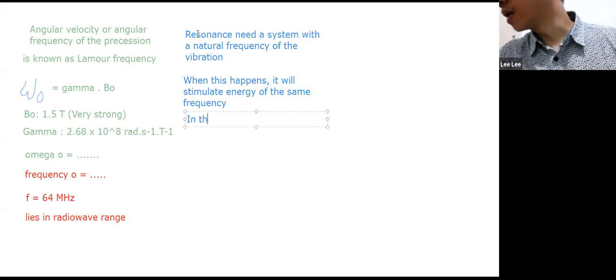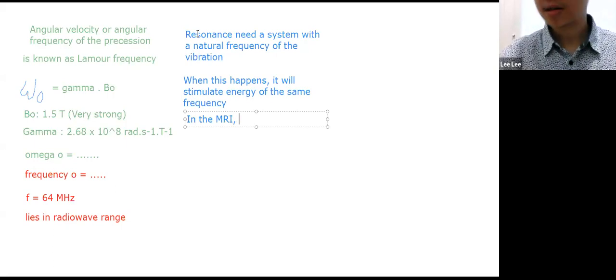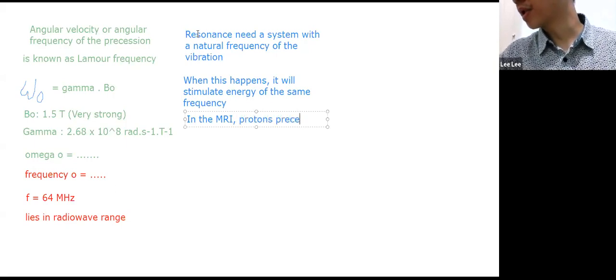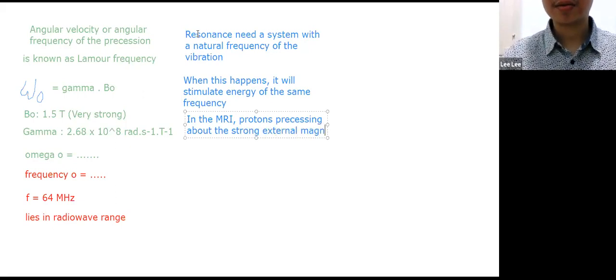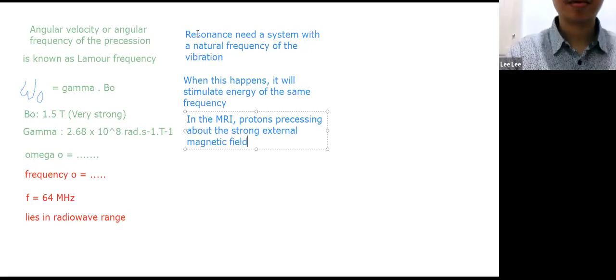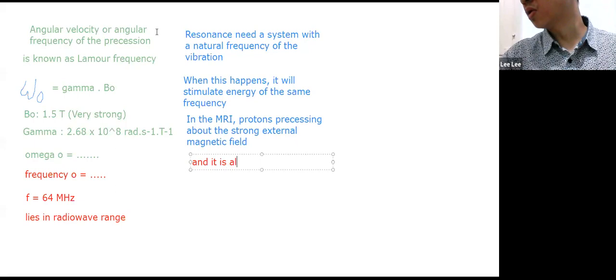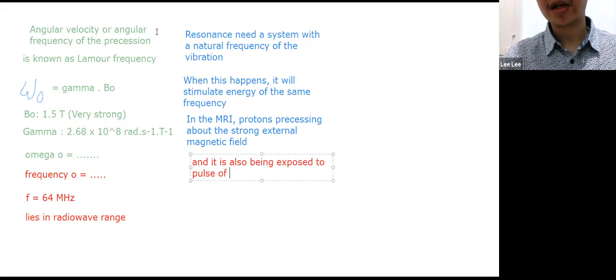So in the MRI, the protons are precessing about the strong external magnetic field, and they are also being exposed to a radio electromagnetic wave, right?